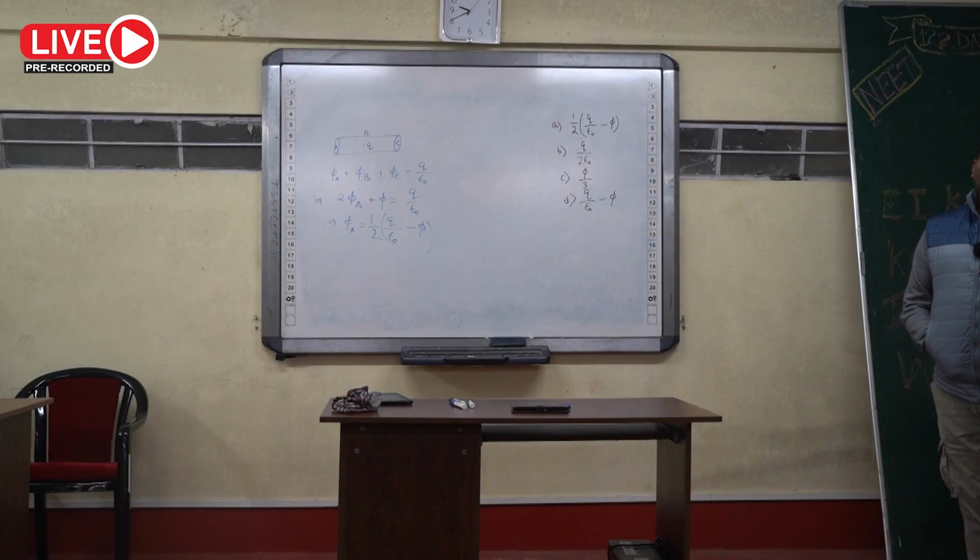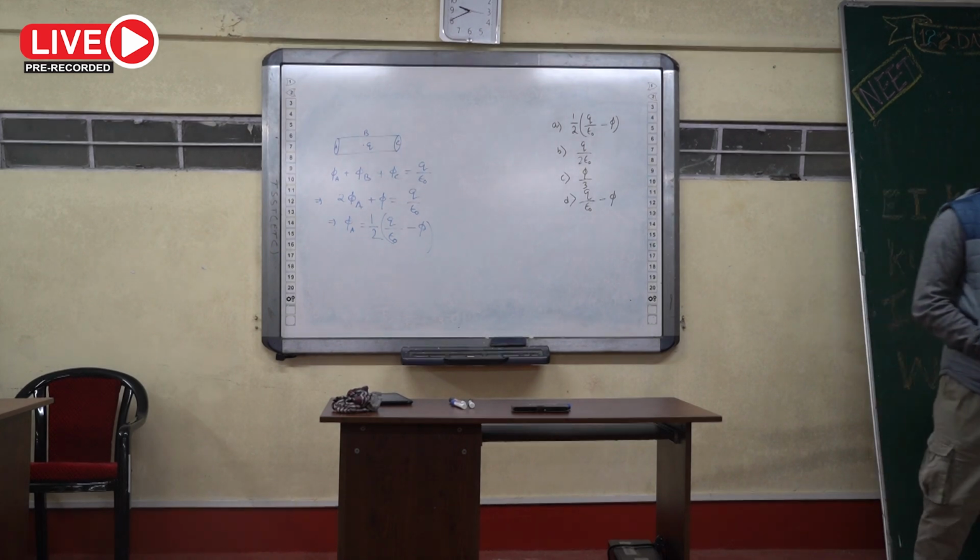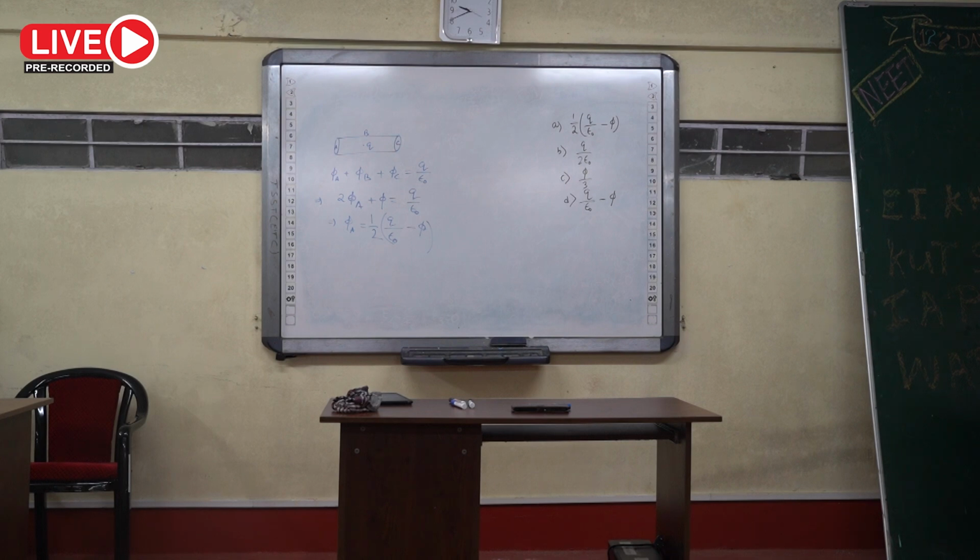So we have 2 phi A plus phi equal to q by epsilon naught from Gauss's theorem. Then phi A, that is through one of the flat surfaces, will be half into q by epsilon naught minus phi. Okay.